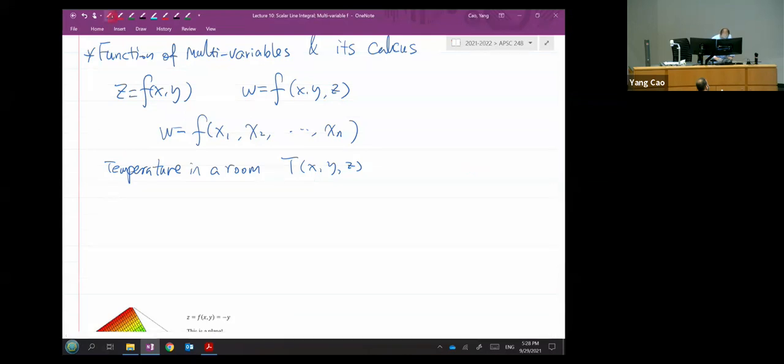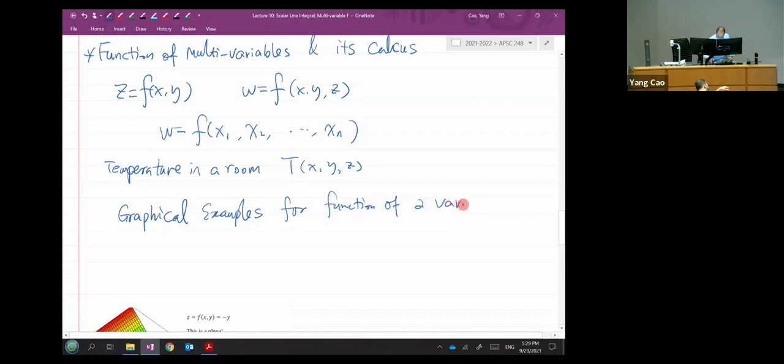So as I mentioned, I want to show you some graphical examples for functions of two variables. Basically, this type of function. Now you might wonder, how come you only show me graphical examples for functions of two variables?